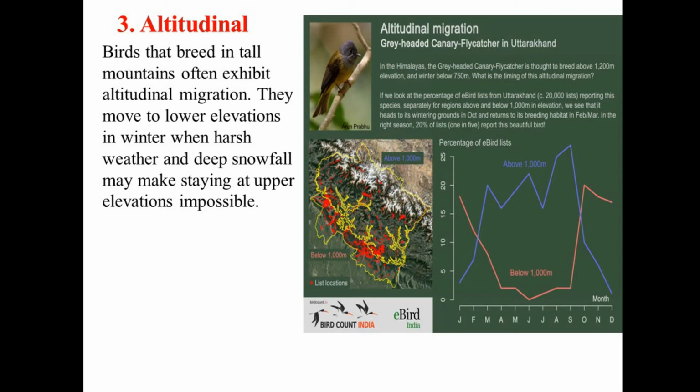If we look at the percentage of eBird lists from Uttarakhand, that is, from the 20,000 lists reporting this species separately for regions above and below 1000 meters in elevation, we see that it heads to wintering grounds in October and returns to breeding habitat in February-March. That is, 20% of the lists report this beautiful bird, which is shown in this slide.